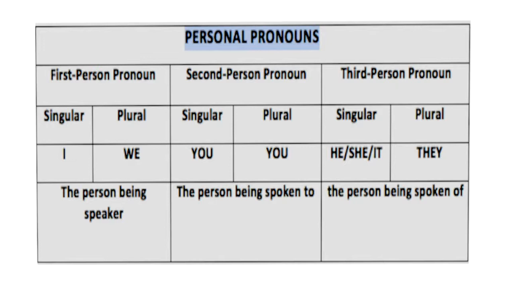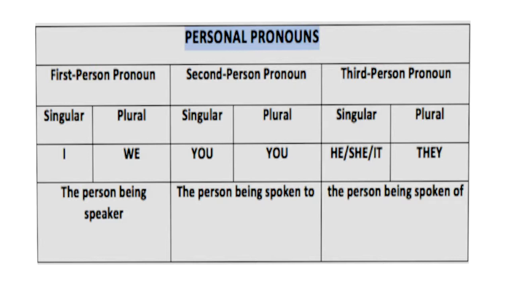Then in the second column, the second person pronoun refers to the person being spoken to, in this case you, as the second person pronoun in either singular or plural form.